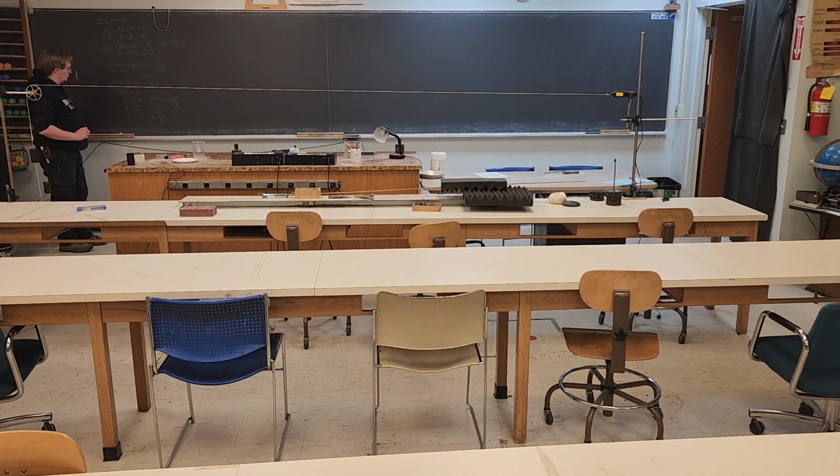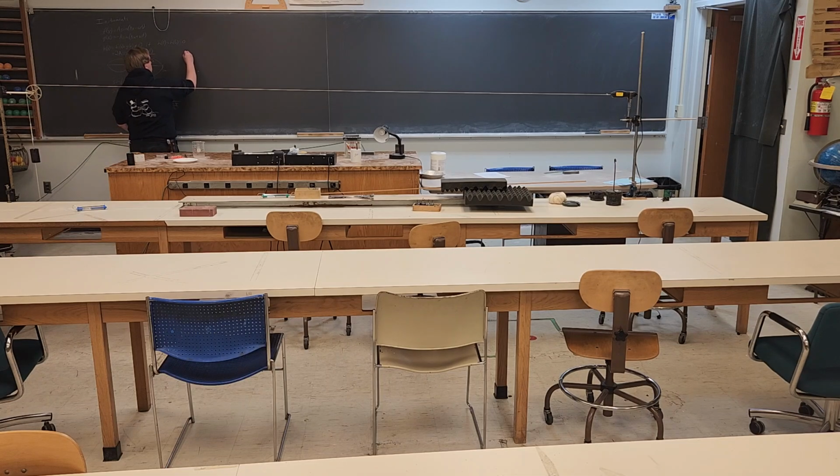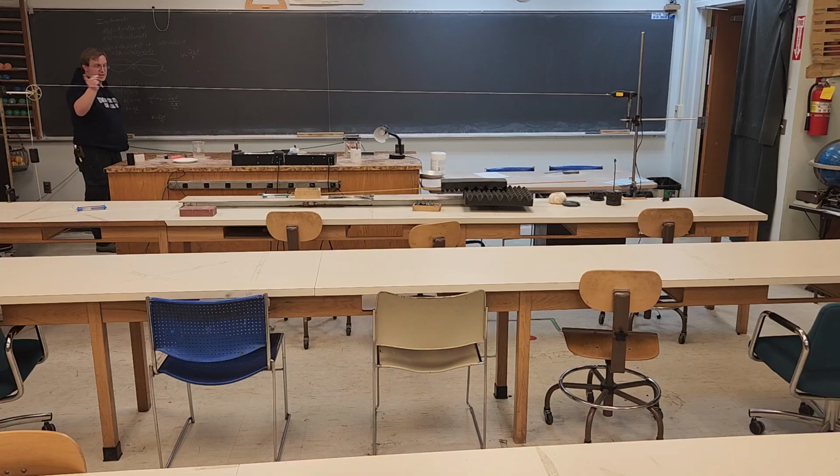Okay, so we're almost there. I'm almost done with what I want to do here. So velocity is equal to 2LF on N for a nice standing wave for this string instrument. Well, what's velocity equal to?